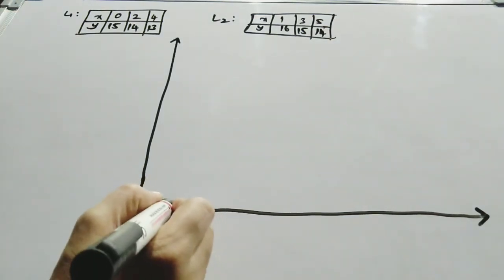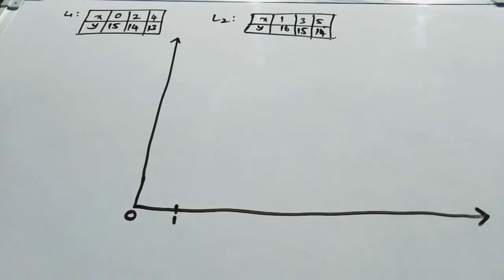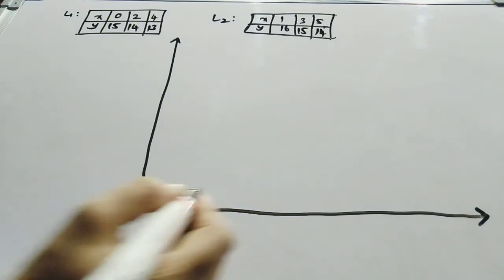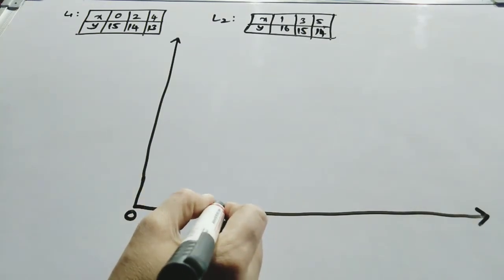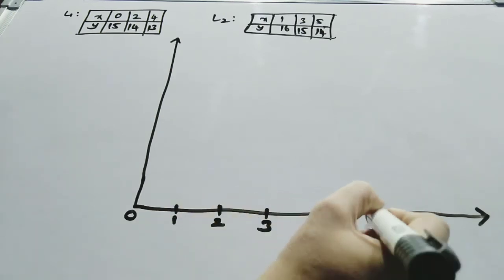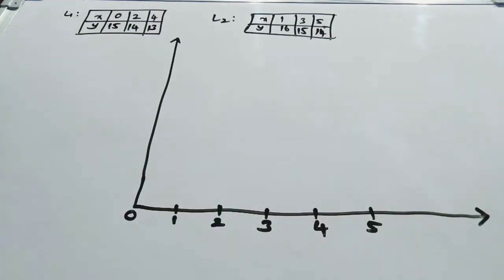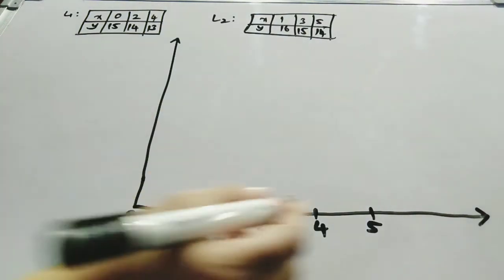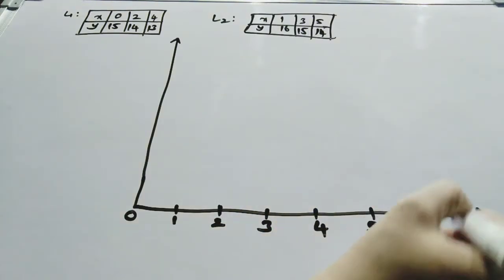Just point out the dots in an equidistant manner. 1, 2, 3, 4 and 5. The maximum value is 5. Then 6, 7.